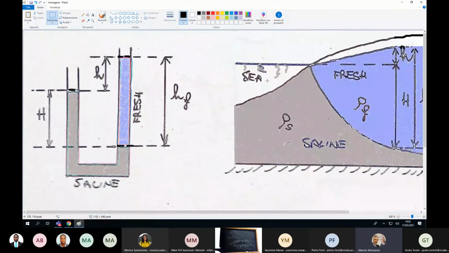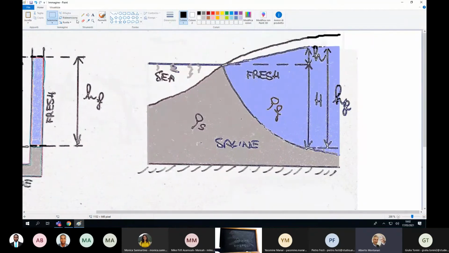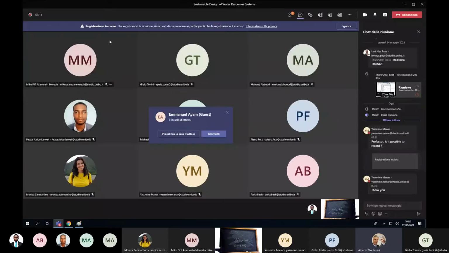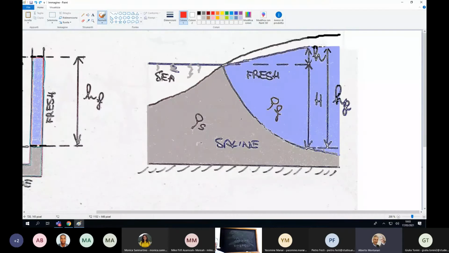Very good, just 1 second. Let me see if it works. Yeah, it works, but I would like to use this. Just 1 second because I heard a ring. I had to admit your colleague. Okay, very good.